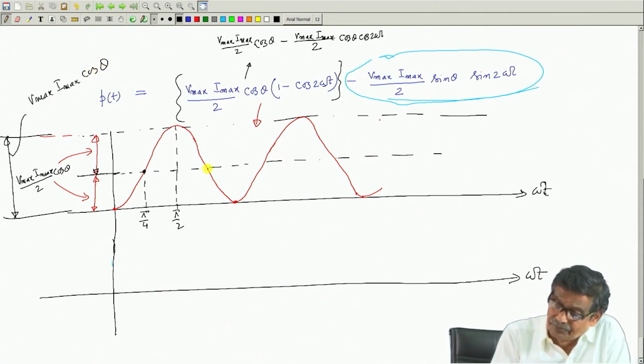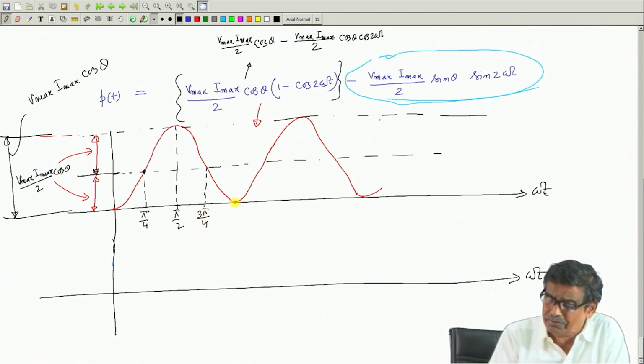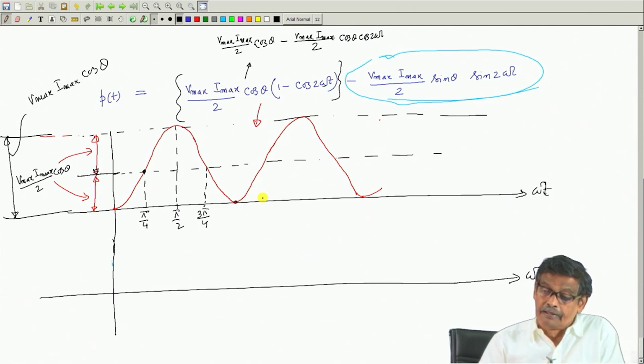Then once again from symmetry I can easily find: pi by 2 plus pi by 4, it will be 3 pi by 4 and so on, and it will be 0 here, you can find out.